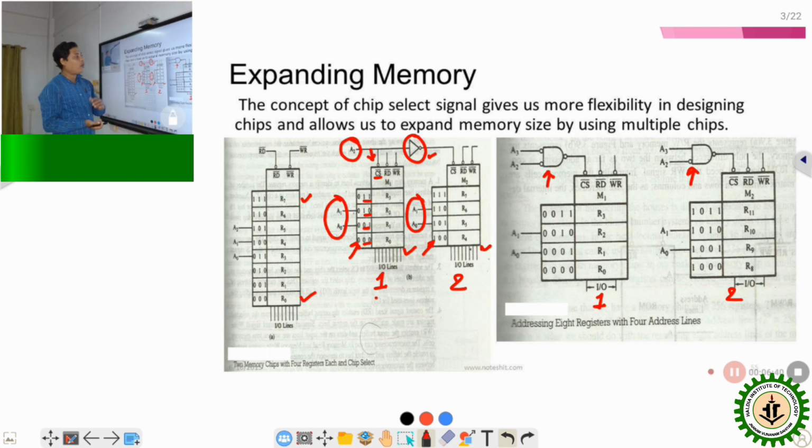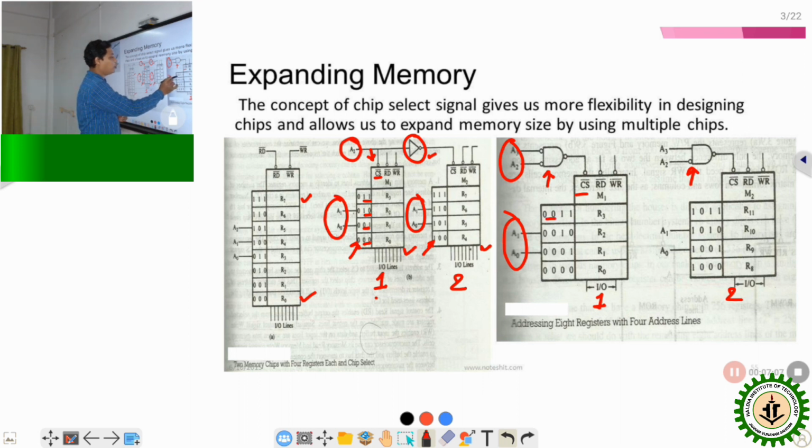But as we have been provided with 4 address lines, 2 are connected as usual to the memory chip as A0 and A1, while the additional 2 address lines A2 and A3 are connected to the chip select line of the memory through a NAND gate.